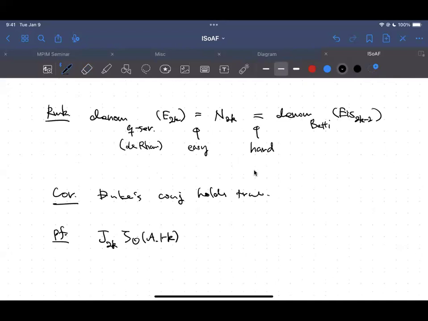So, in other words, Duke's conjecture claims that this is integer, but from the integral representation of these partial zeta values, we have already seen that this is the pairing between Eisenstein class and this homology class.